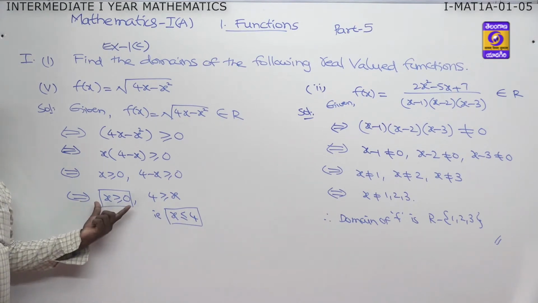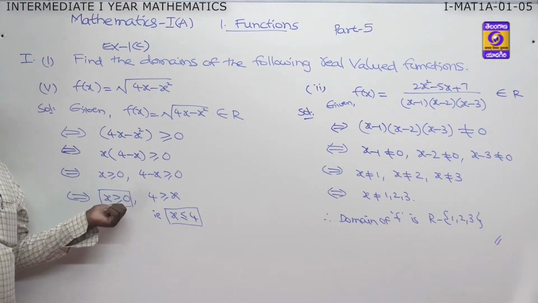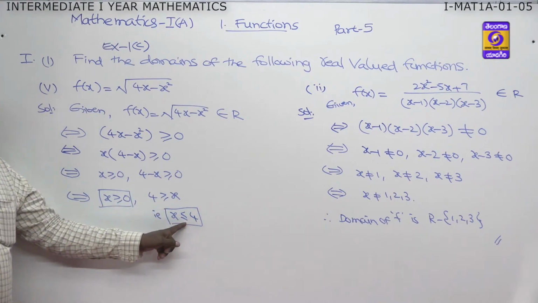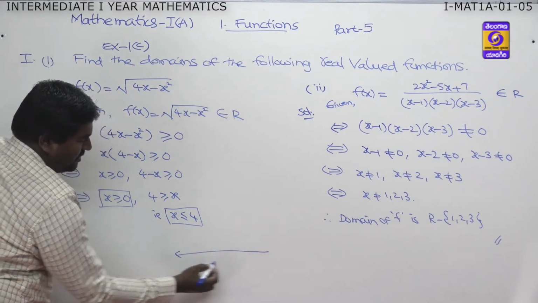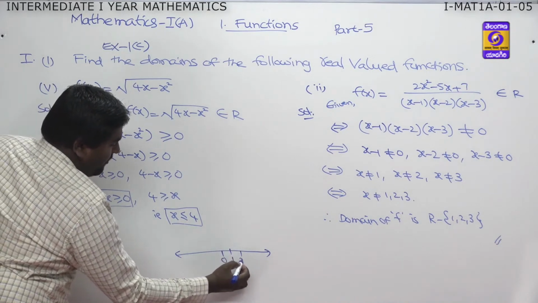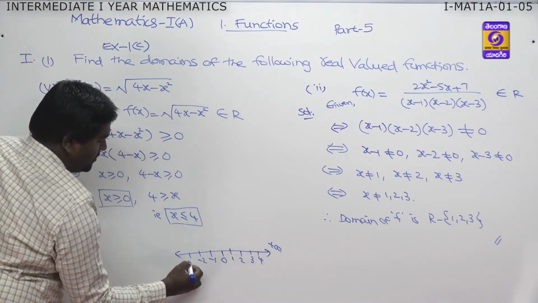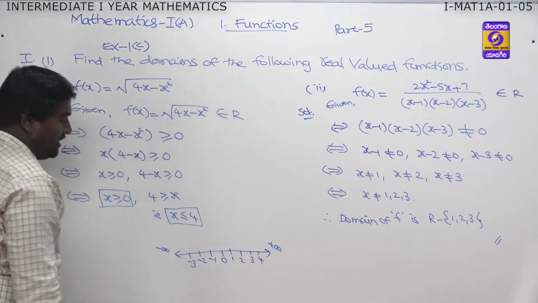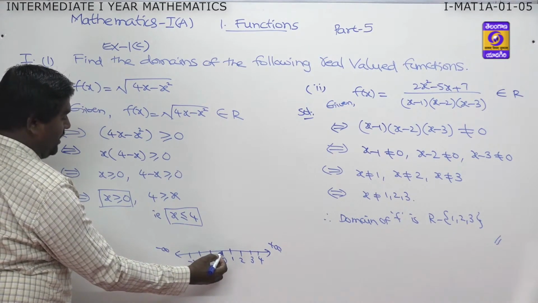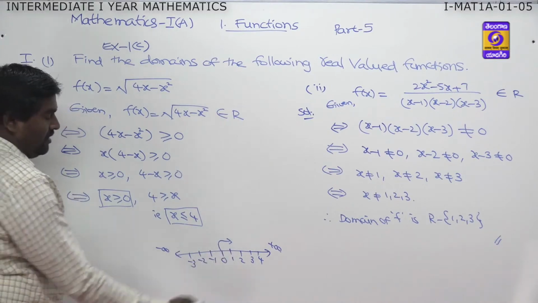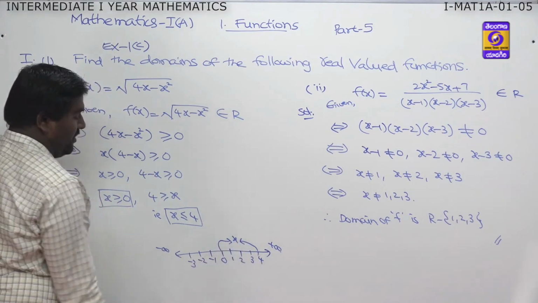Take the number line here: 0, 1, 2, 3, 4, plus infinity, minus 1, minus 2, minus 3, minus infinity. We are taking the values for x greater than or equals to 0 and less than or equals to 4.